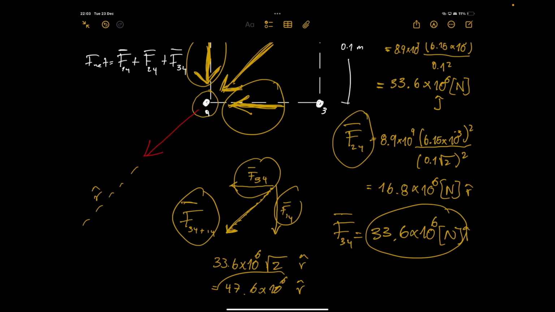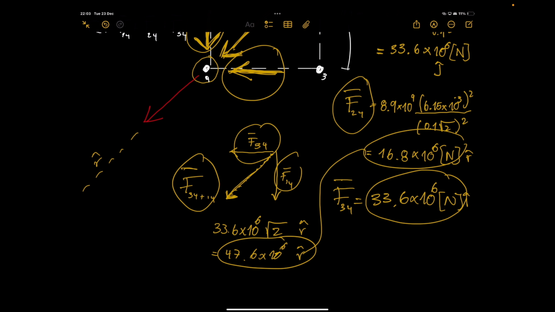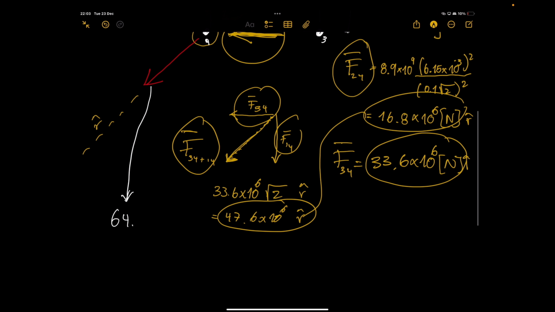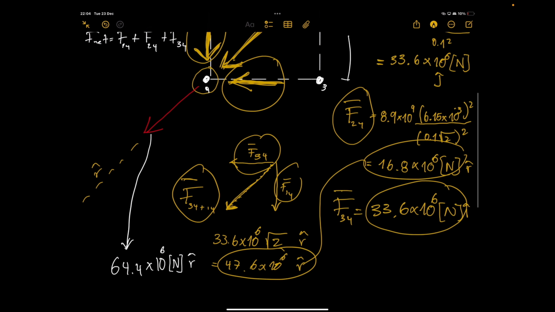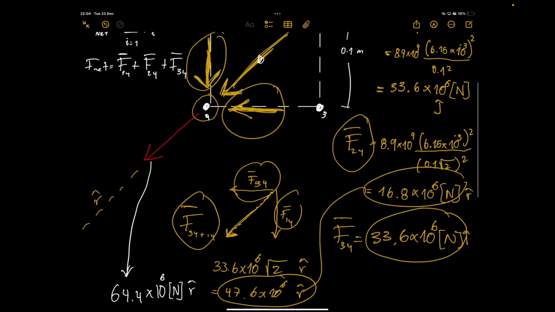So it's going to be this value plus this value, and that's the final answer. That gives us 64.4 times 10 to the 6 newtons in the R direction, following the diagonal away from the center of the square.